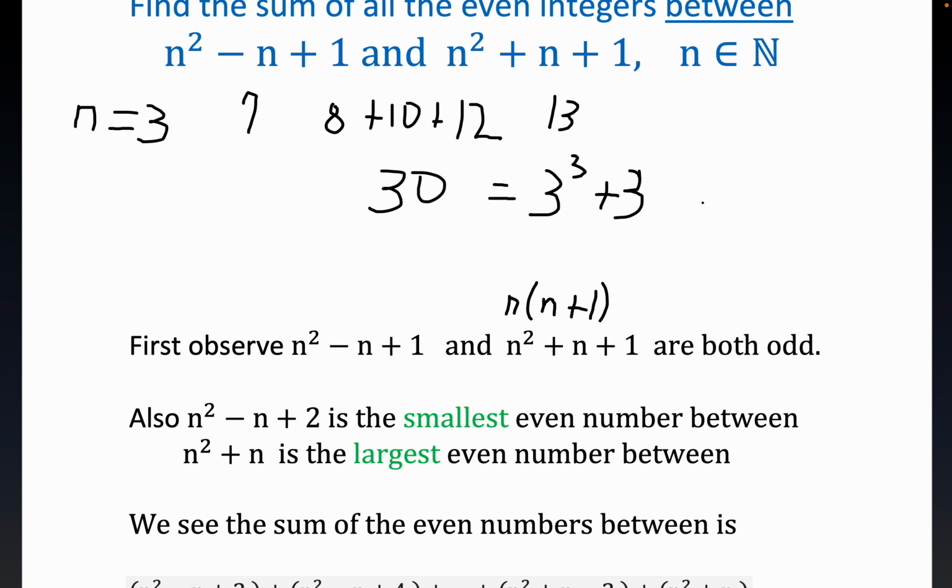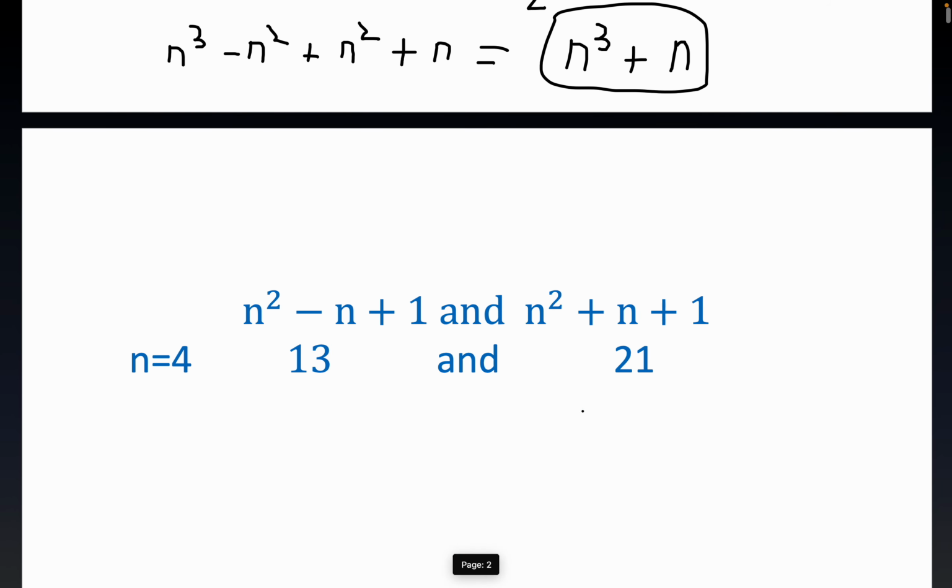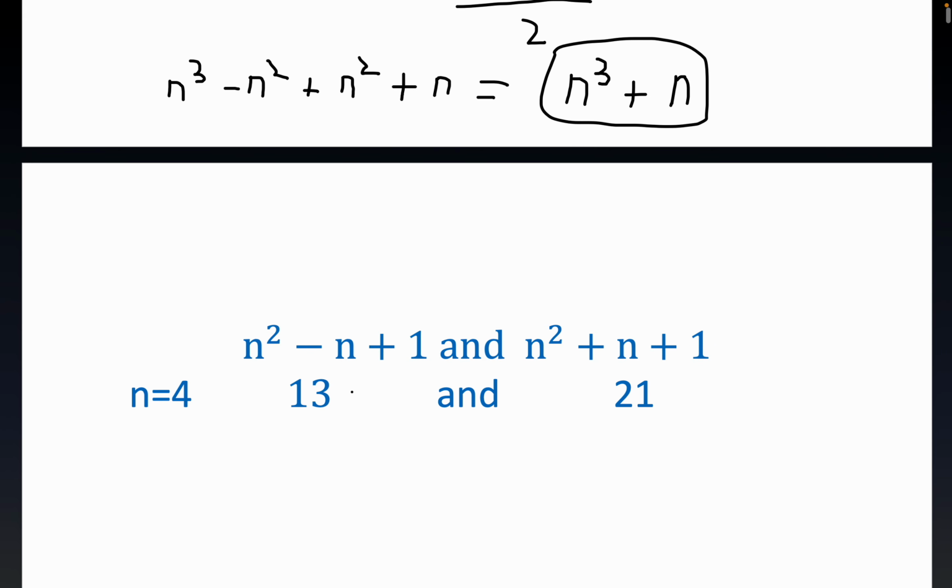So that checks. Now, I also have another one down here for you guys that's a larger number. We picked n equals 4 and we get 13 and 21 as the lower and upper bounds. So what will we have right here? We would have 14 plus 16 plus 18 plus 20.